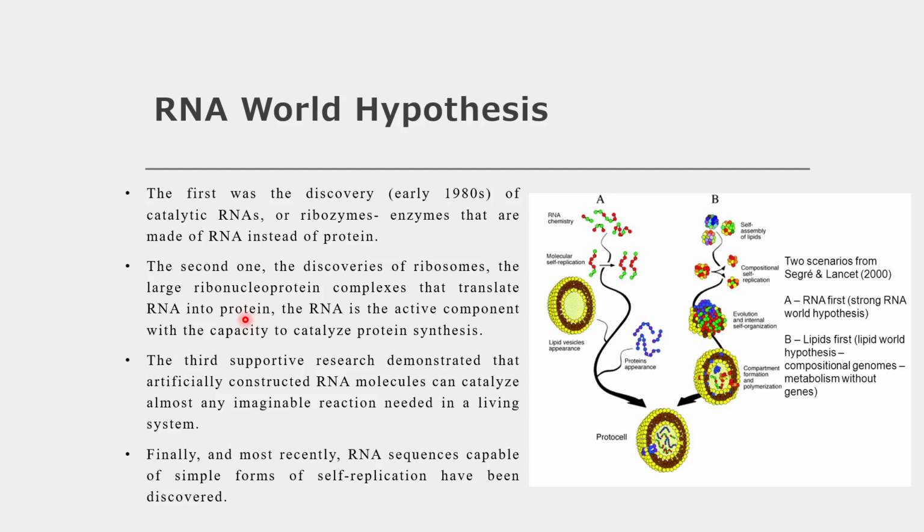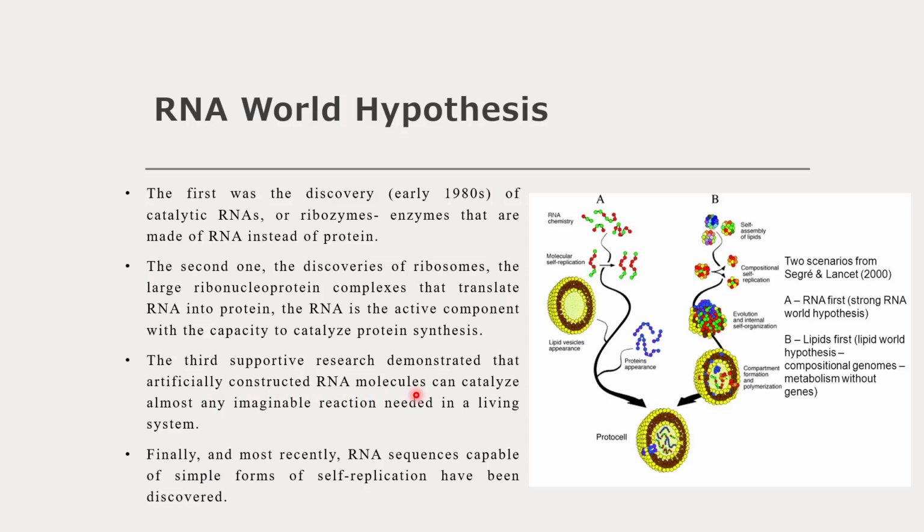This protein can act as a structural component, as an enzyme, or anything else. The third supportive research demonstrated that artificially constructed RNA molecules can catalyze almost any imaginable reaction needed in a living system.